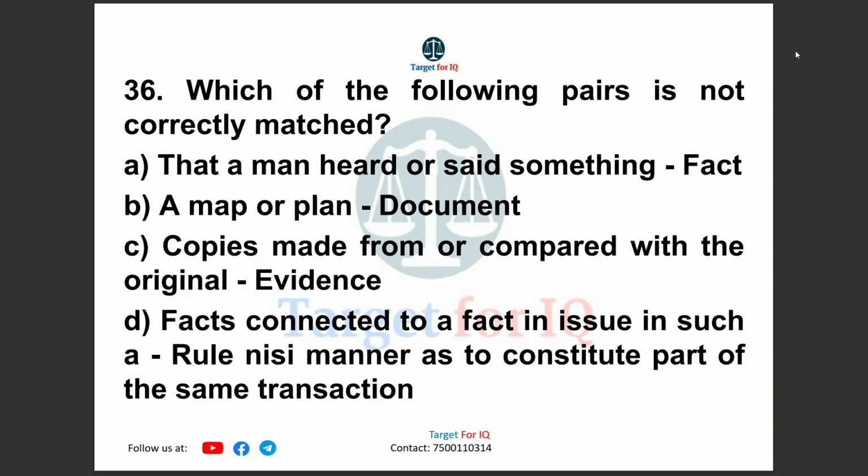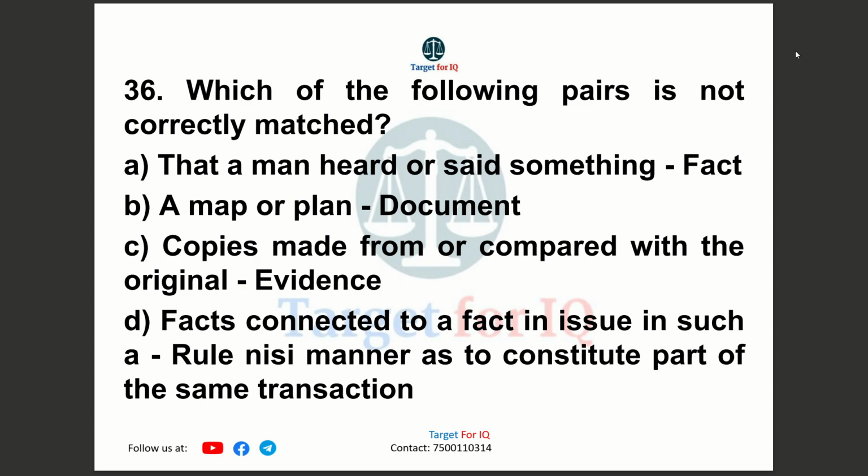So the correct answer to question number 36 is option D. This is incorrectly matched, as here it would have been res gestae. Then it would have been the correct option.